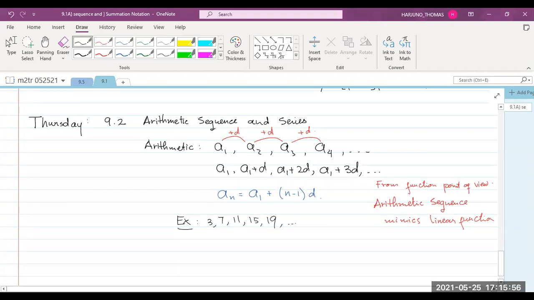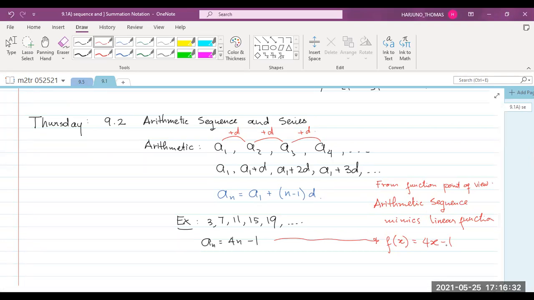Do you remember that? Now the nth term is actually 4n minus 1. When I say it mimics a linear function, try to correlate that with f(x) equals 4x minus 1, where the difference in the sequence is equal to the slope in the linear function. I hope identifying it that way makes it easier for you.